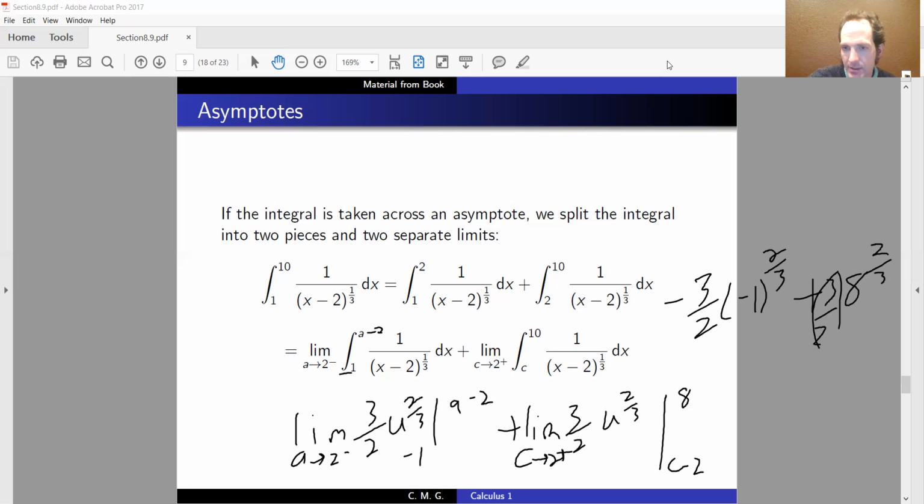I just get (-1) squared is 1, so -3/2. And then 3/2 times 8 to the 2/3. 8 to the 1/3 is the cube root of 8, just 2. 2 squared is 4. So that's going to be plus 3/2 times 4. So that's 12 halves minus 3 halves, which is just going to be 9 halves. That's the total. So the area here is just going to be 9 halves.